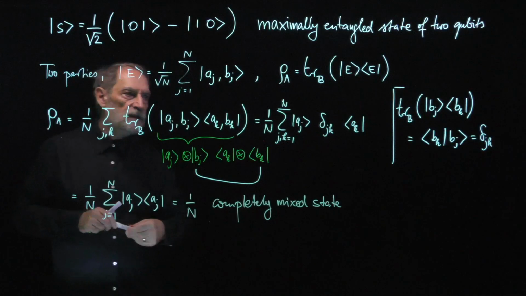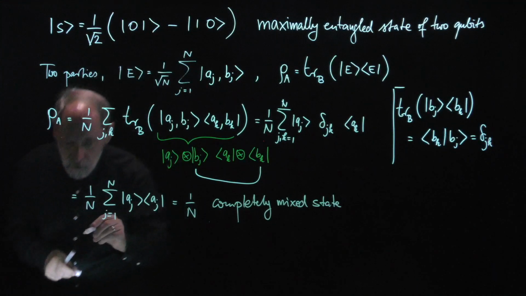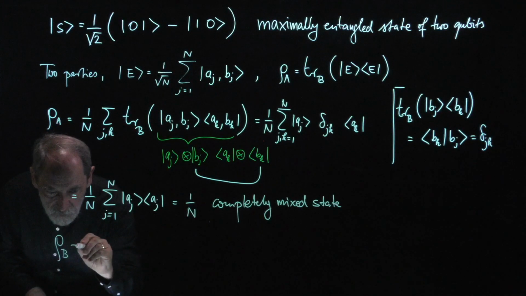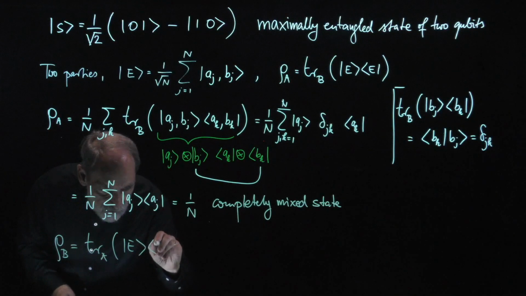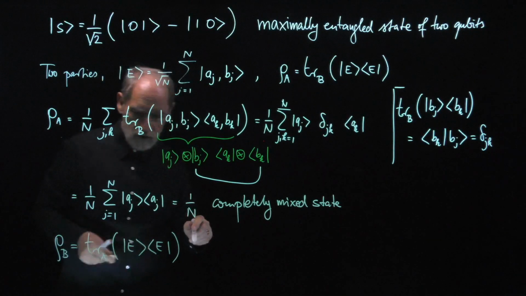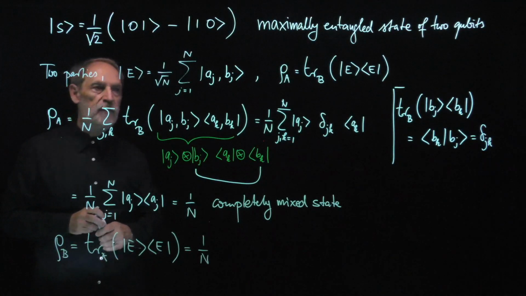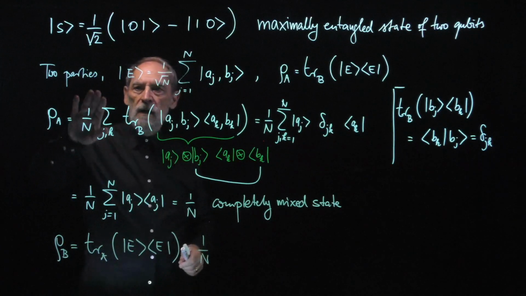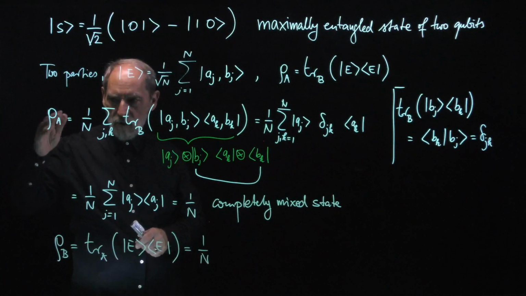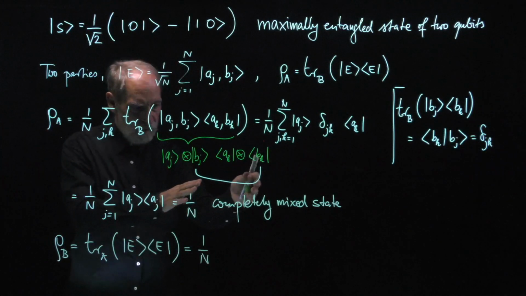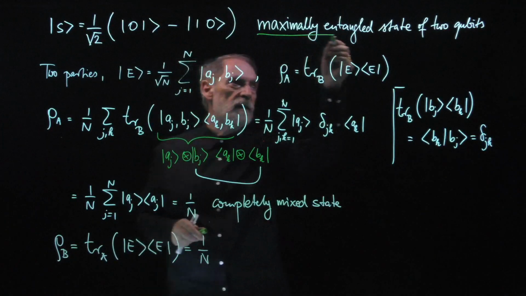Now, since everything is nicely symmetric between property A and property B, it is clear without a separate calculation that also the state for property B all by itself, which we get by tracing out property A from the entangled state that we have constructed, that will also be the completely mixed state, but now it's the completely mixed state for property B. So, a pure state which is such that after tracing out one of the two parties one ends up with a completely mixed state, a state of this kind is a state that we call maximally entangled.